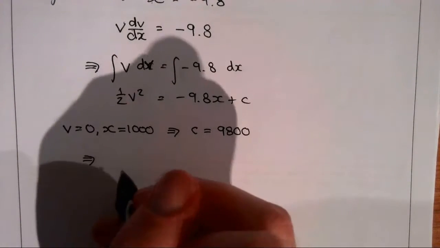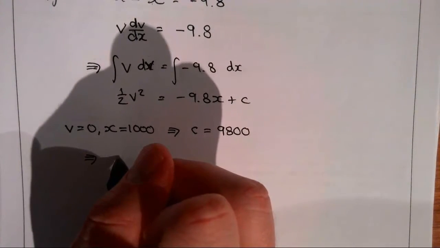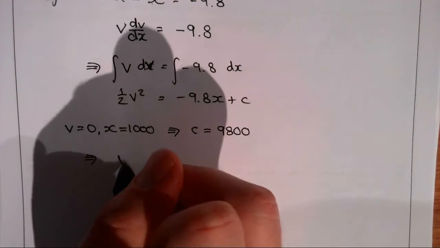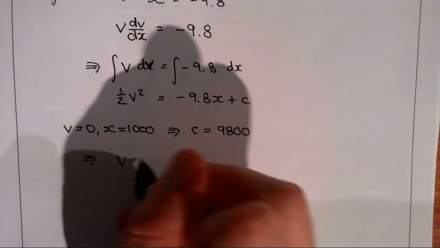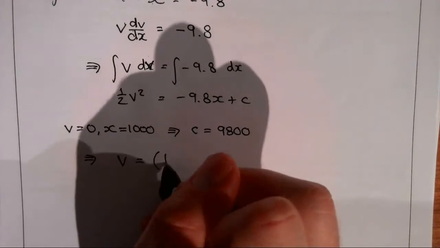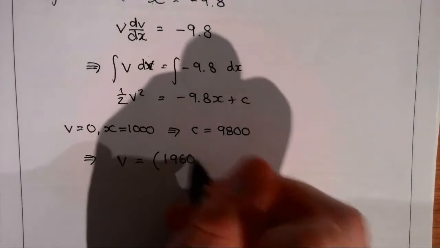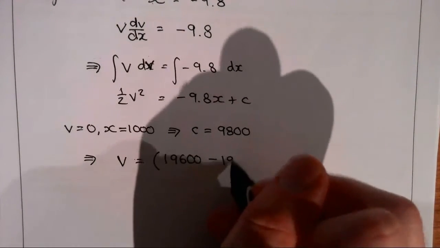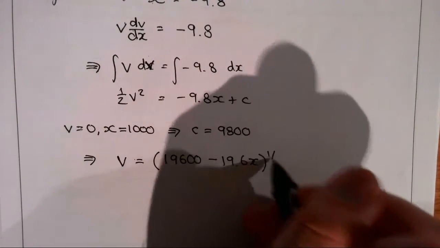we're going to get an expression. You could write it in a number of ways, but the expression is going to be v equals the square root of 19,600 minus 19.6x.